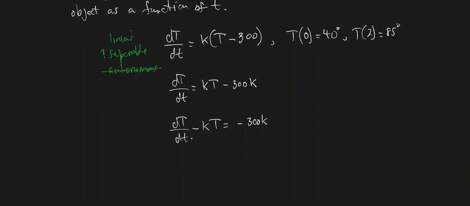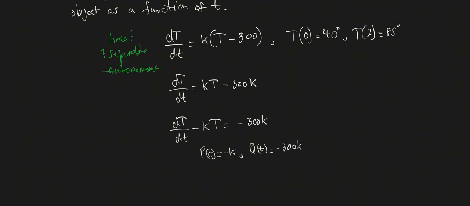Here's our p. Remember, p is whatever object is multiplying our unknown function. In this case, it's negative k. So I'll write that p of little t is negative k. And then this is my q on this side, so q of t is my negative 300k.